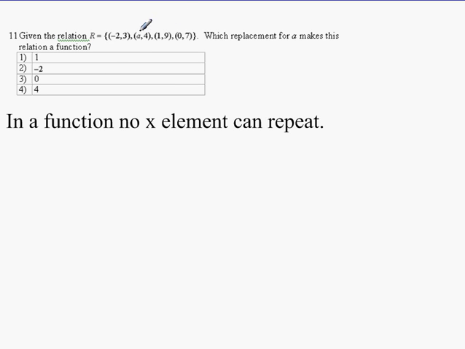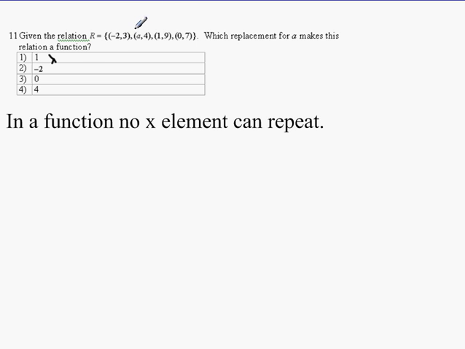Can A be 1? If A is 1, that 1 should not repeat in another ordered pair in the x part. If we make this 1, that x element would repeat. So it can't be 1 because there's another 1 here.